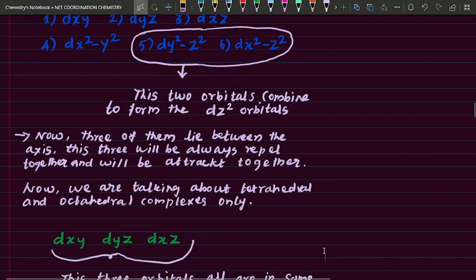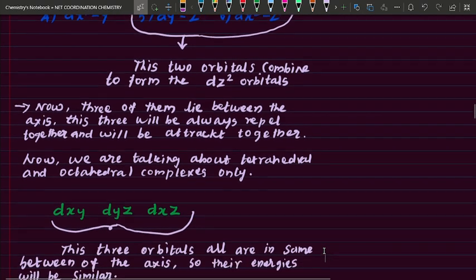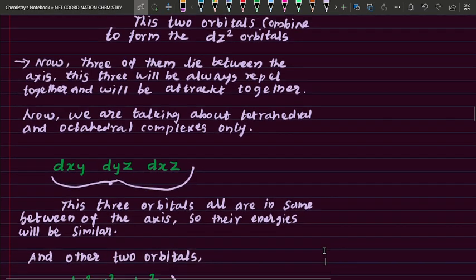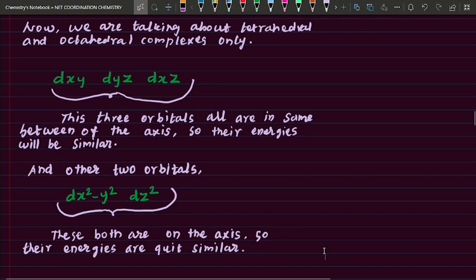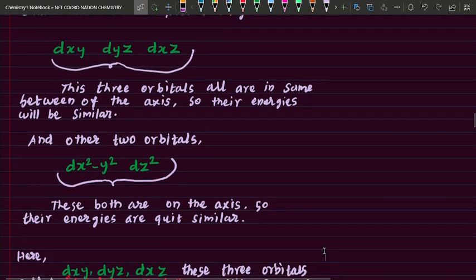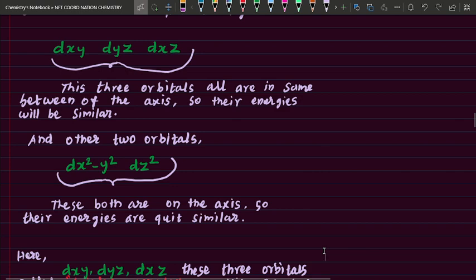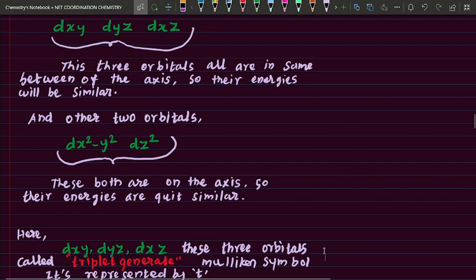Now we are going to talk about tetrahedral and octahedral complexes only. See the example here: dxy, dyz, dxz, these 3 orbitals are all between the axes, so their energy will be similar. The other 2 orbitals, dx square y square and dz square, are both on the axis, so their energies are quite similar.